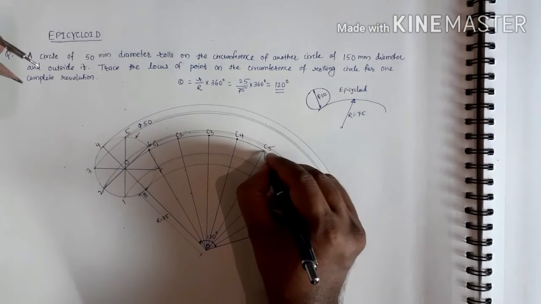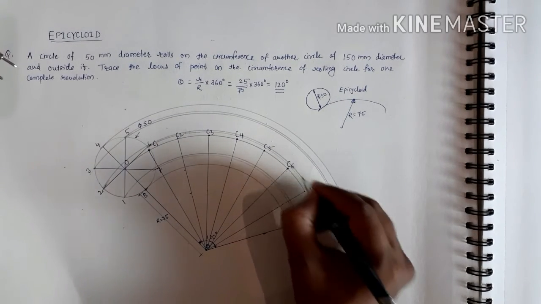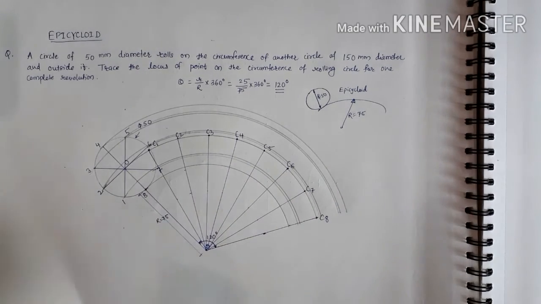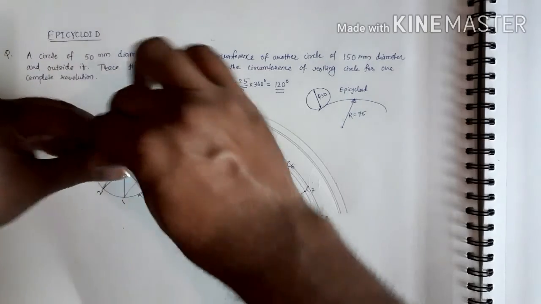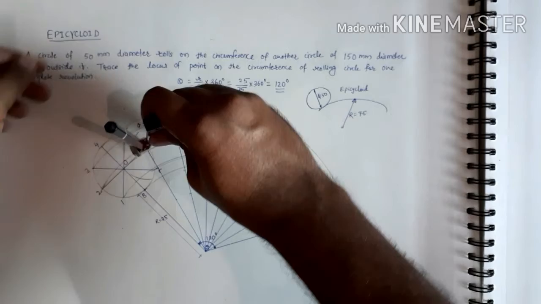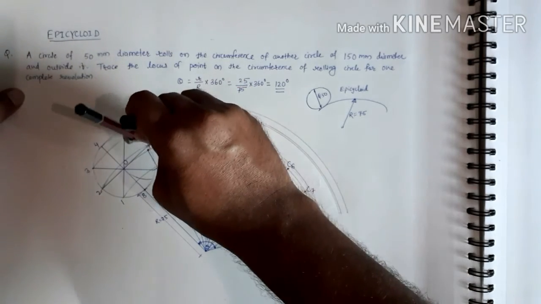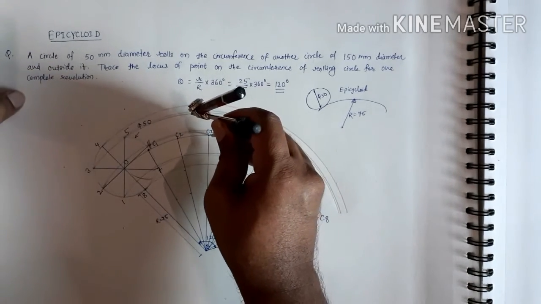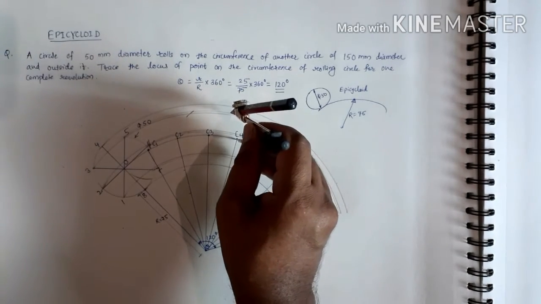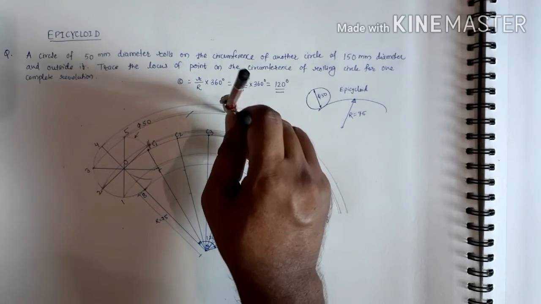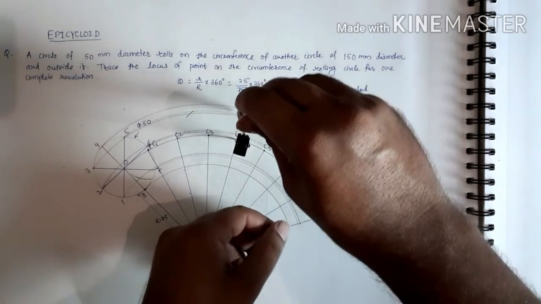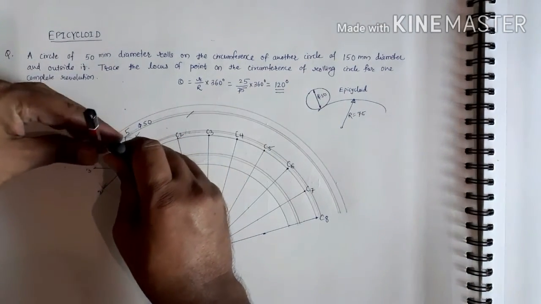Put at point C1 and mark on the curve coming from point 1, then C2 and curve coming from point 2, put on C3 and curve from point 3, put on C4 and mark on the curve coming from point 4.